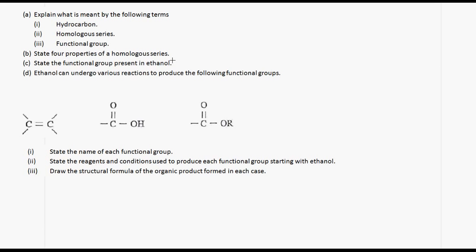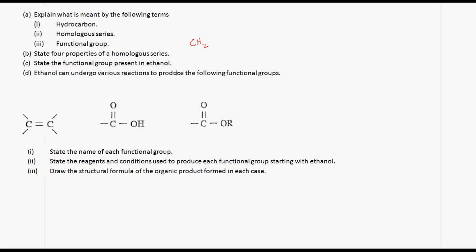The second thing is that they differ from each other by CH2. We also know that the physical properties vary as the number of carbon atoms increases, and they all have the same chemical properties because they have the same functional group present.